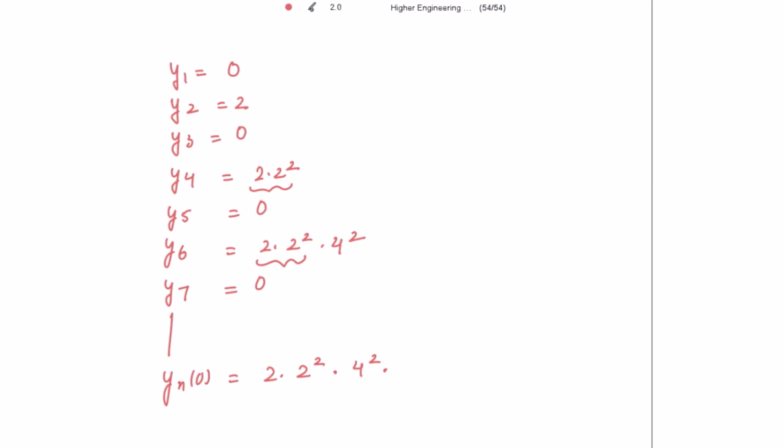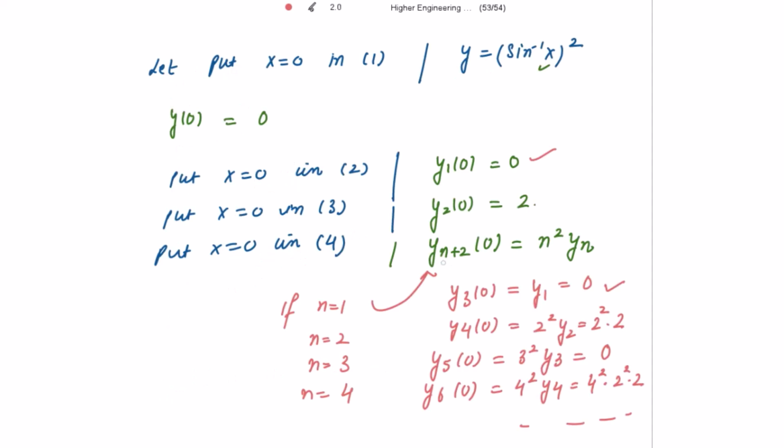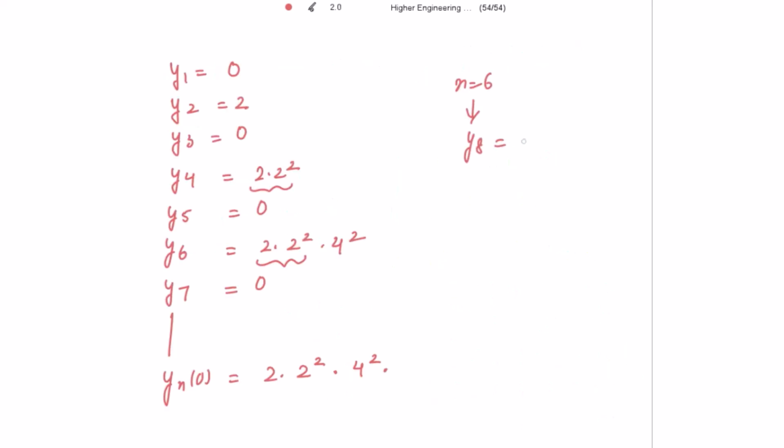Let's check y8. By putting n equal to 6, we get y8 at 0 equal to 6 square into y6. And what is y6? It is 2 into 2 square into 4 square. So next term is 6 square.